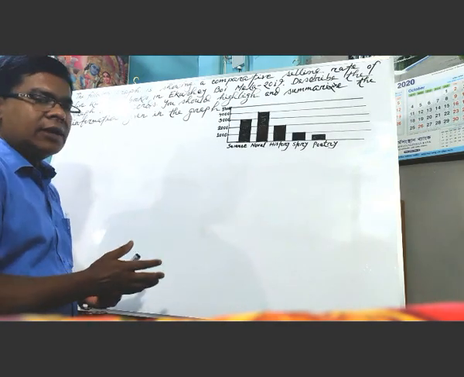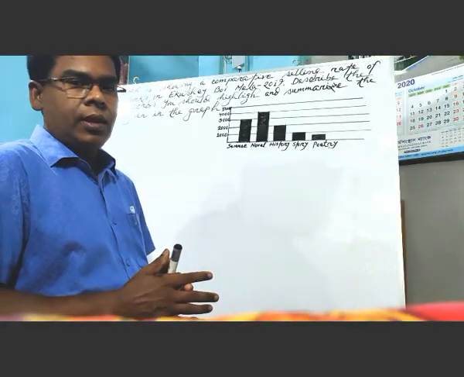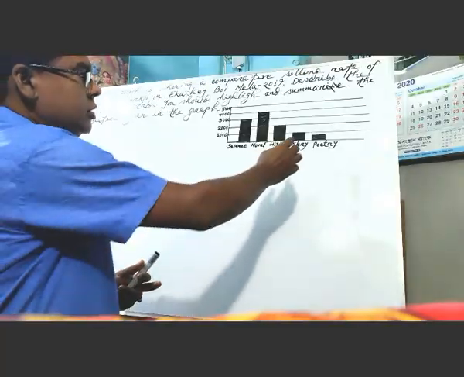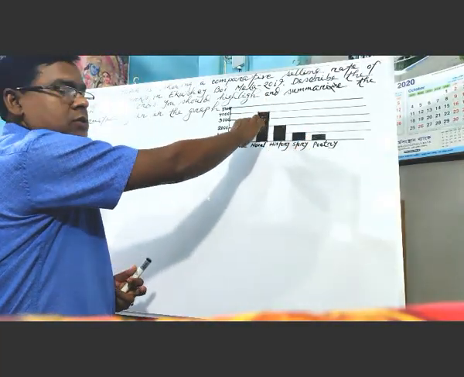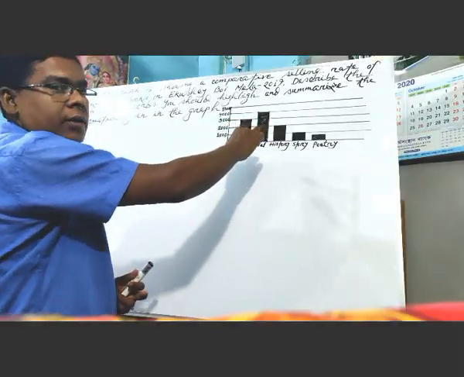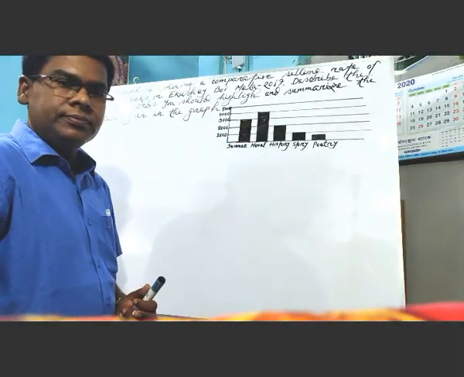Otherwise you can start from the lowest column. This is the lowest, so you can start from here. But this is the highest column, so you can start from here too. It will be better for you to write down from the highest column.